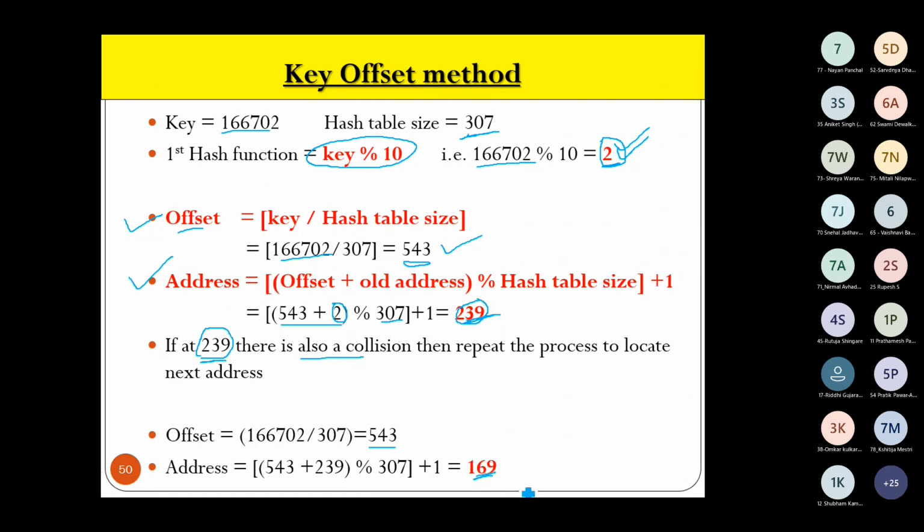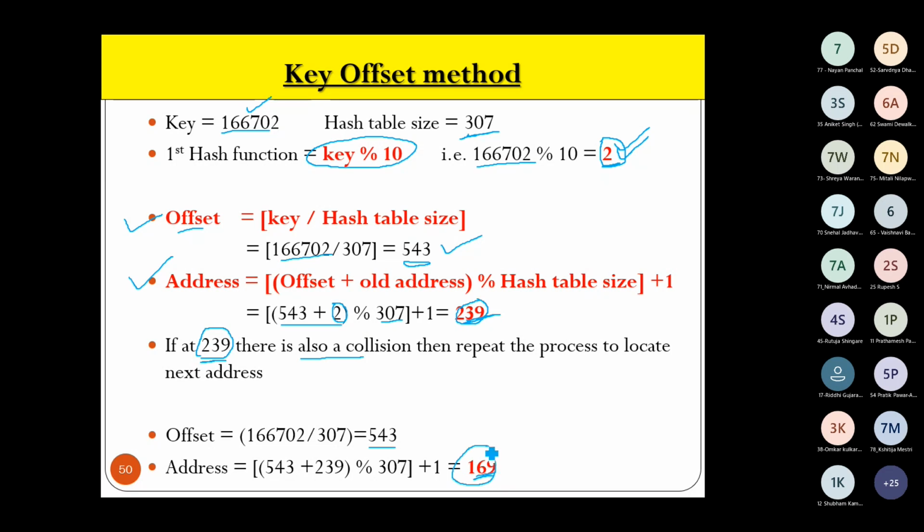Check whether the 169 location is free. If yes, then put this record with this key at the 169 address. Else, if that address is not free, that means again a collision has occurred, then repeat this process and consider the old address as this one.